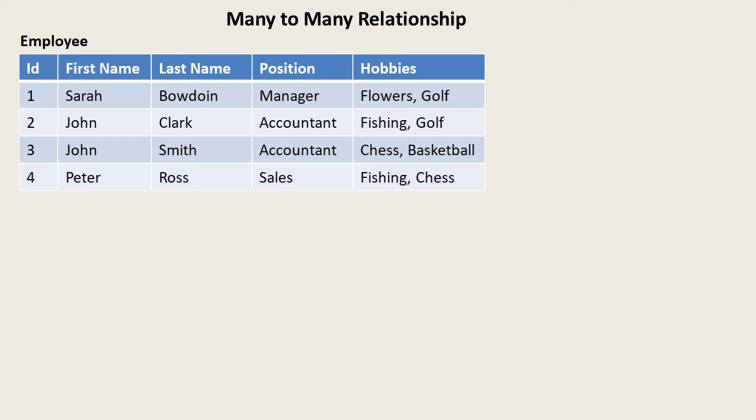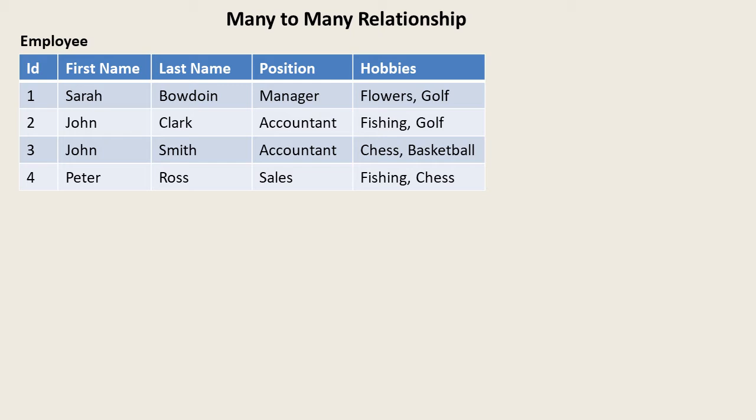And the same is true for the other side of the table, because one hobby could be a hobby of more than one employee. For example, in this table, we can see that 2 people play golf, 2 people play chess. So it's actually a different kind of relationship.